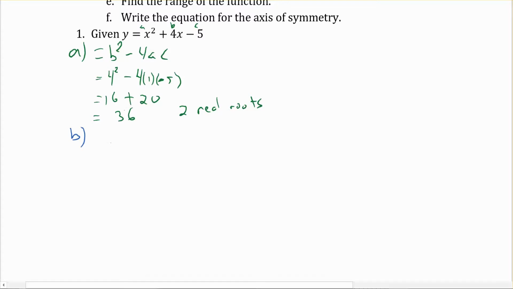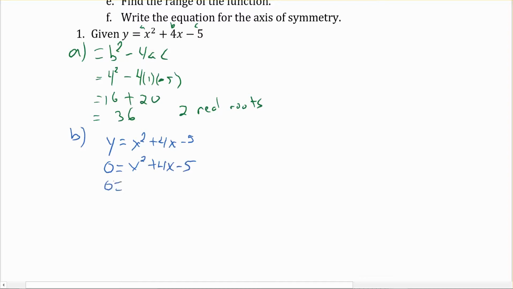The original equation was y is equal to x squared plus 4x minus 5. Man, my pen's off today. And if I want to find my x-intercepts, then I'm going to make y equal to 0, remember? So 0 is equal to x squared plus 4x minus 5, and then just factor this.